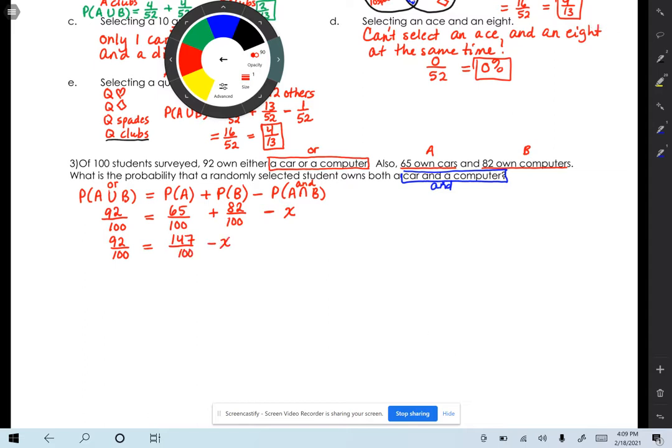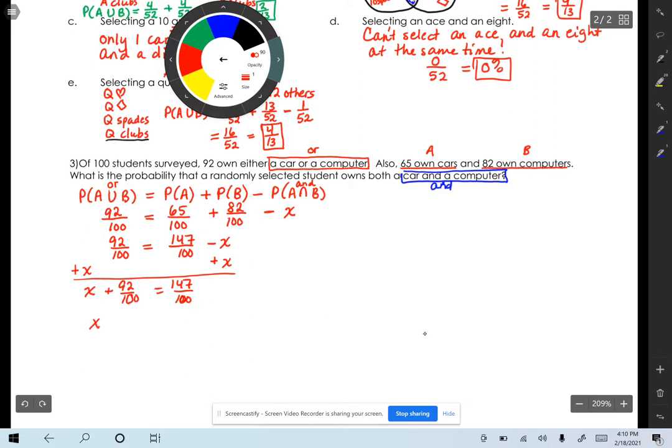Okay. Now some students don't like the negative x, so they want to add it to both sides, and that's probably a wise idea. So we have x plus 92 over 100 equals 147 over 100. Now subtract 92 over 100 on both sides.